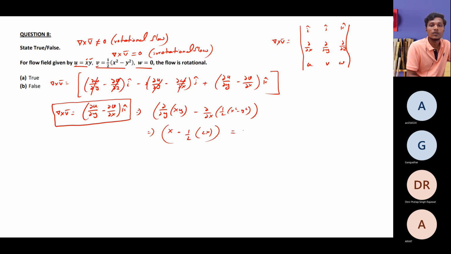If you simplify, this will give you 0. So since del cross v bar equals 0, the flow field is irrotational flow. So the statement is false because they gave it as a rotational flow.